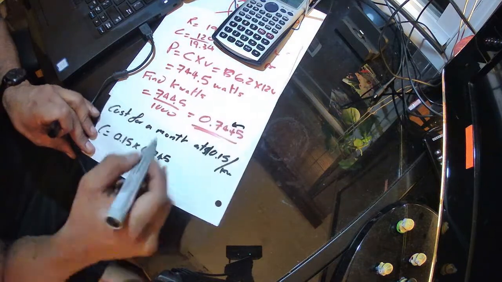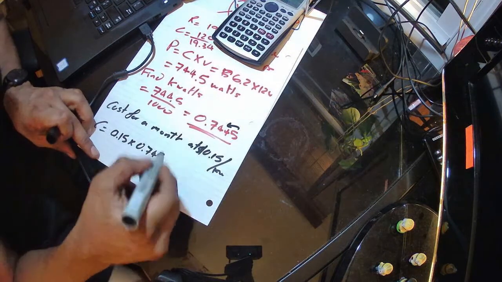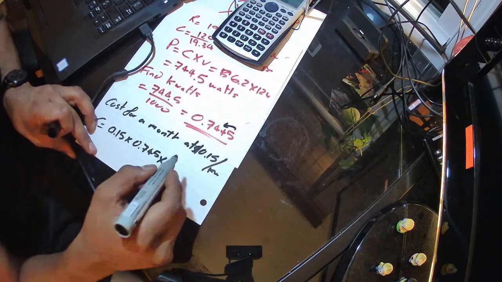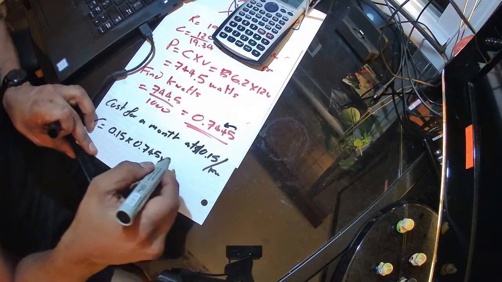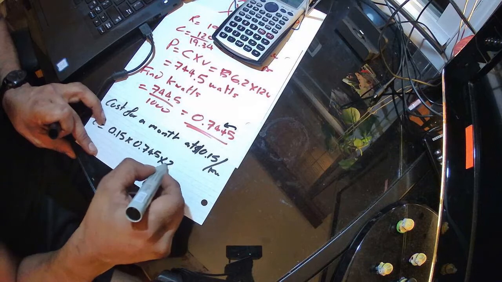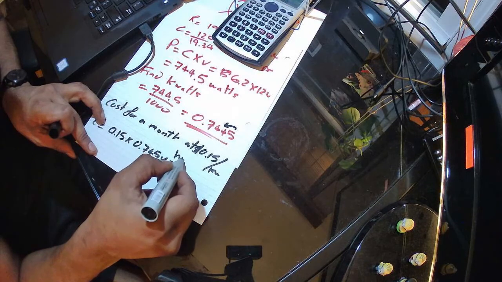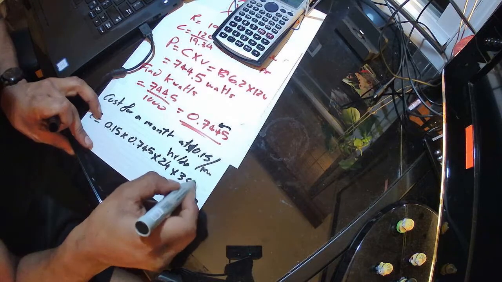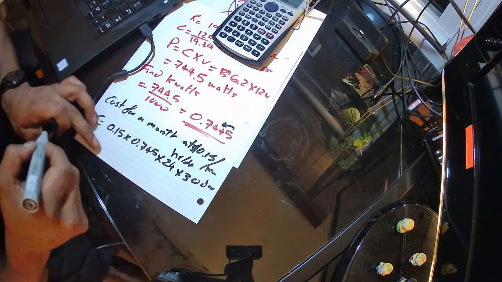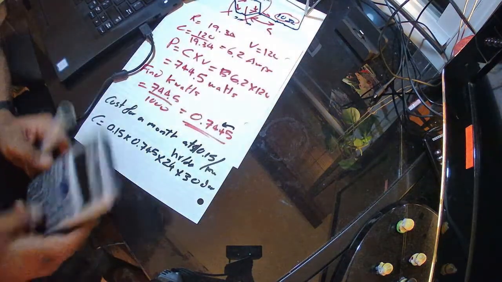I approximated that to 0.745, rounded up. Plus a month is 30. Okay? This is per hour. Kilowatt is kilowatt hour. So this is going to be for 24 hours per day, and that's for 30 days a month. I multiply these together.